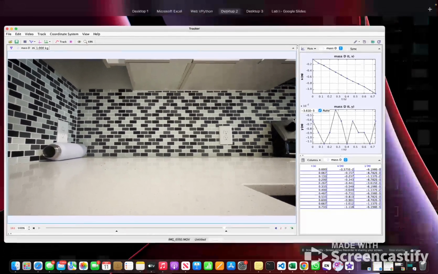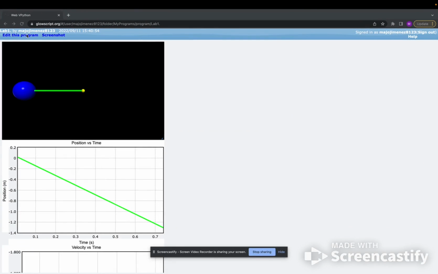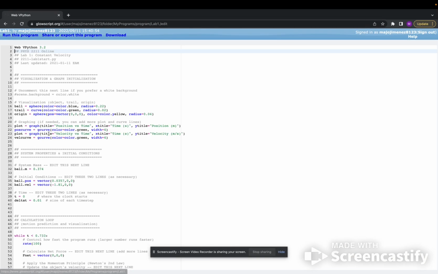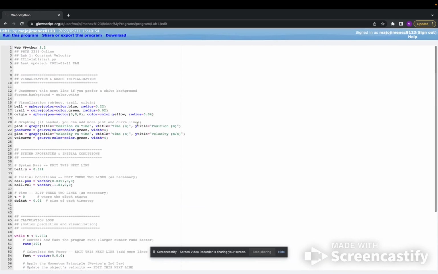For the predictions, I wrote my formulas in GlowScript. This is the program, and using Python, I was able to put the position of the ball, the velocity of the ball, and added the velocity formula and the position formula to do the predictions.